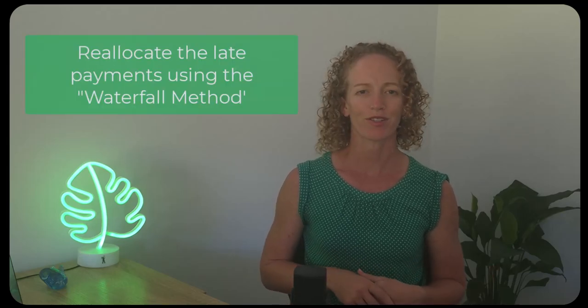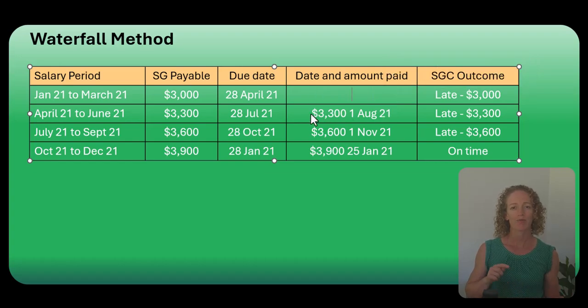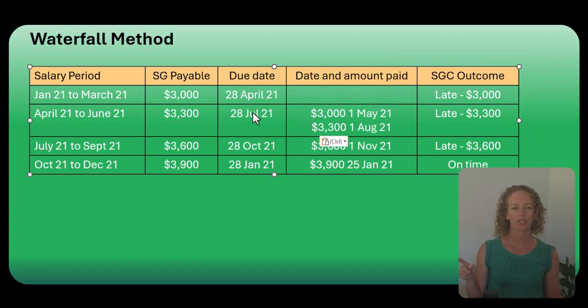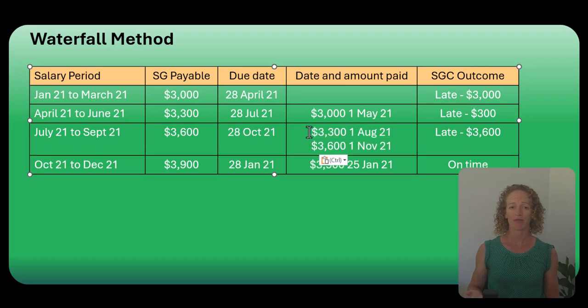So, the Waterfall method seeks to reallocate the payments to a different period to reduce the amount that was treated as late. I'll show you how it works. If we treat the payment made on the 1st of May 21 as a prepayment of the super liability that was due on 28th of July, this means there's only $300 which is treated as paid late for the June quarter. And if we treat the payment made on 1 August as the prepayment of the liability due on the 28th of October, there's only $300 which is late for the September quarter.